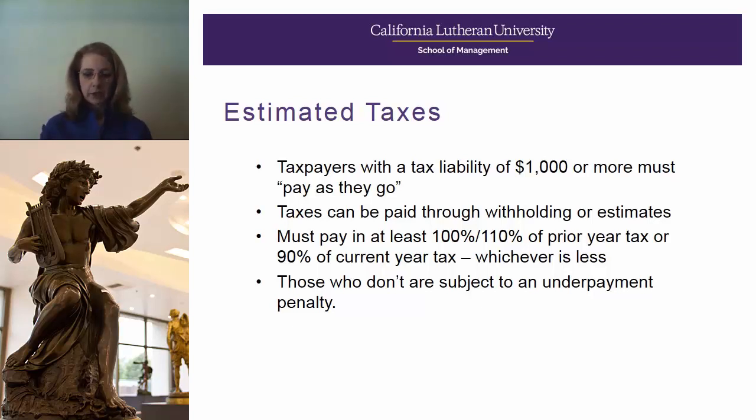And that threshold is at least 100% or 110% of your prior year tax, or 90% of your current year tax, whichever is less. And the IRS will assess this penalty even if you don't. So a client who may be doing his or her own return, skipping that calculation of the underpayment penalty, will get a bill from the IRS. So just because you don't calculate it doesn't mean the IRS won't.